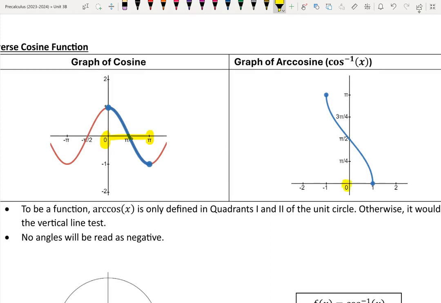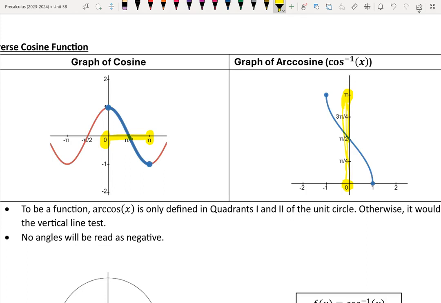So our inverse goes from 0 to pi, and we see that inverse behavior: that x chunk from 0 to pi became a y from 0 to pi. The x values became y values, and the x values of the inverse are the y values to begin with, from -1 to 1.